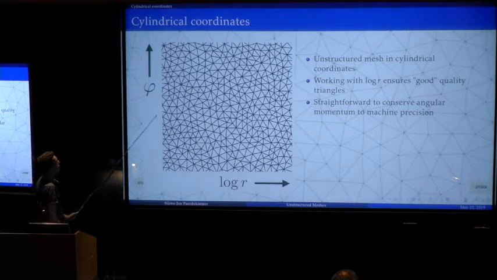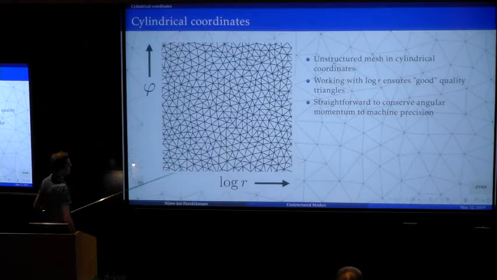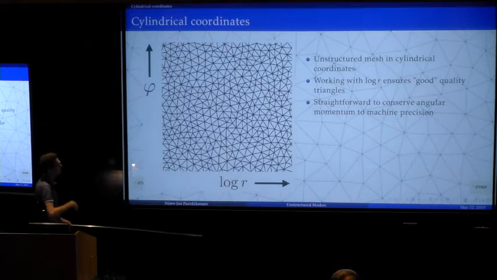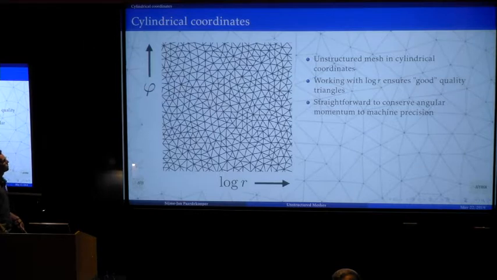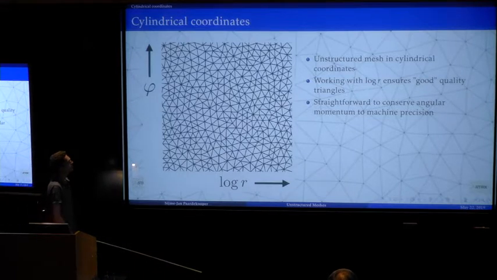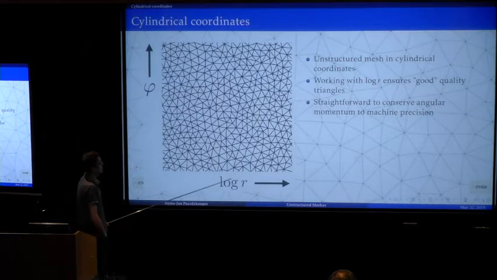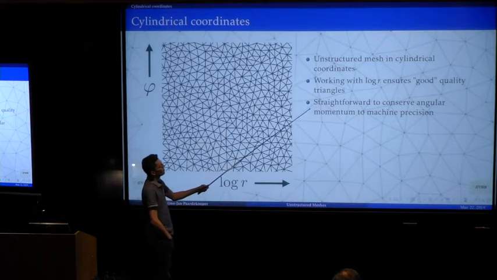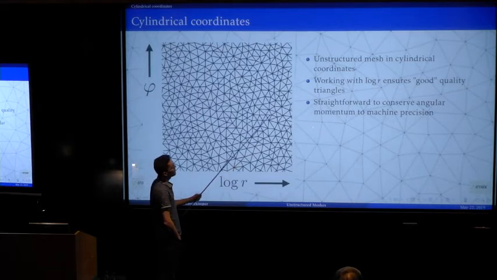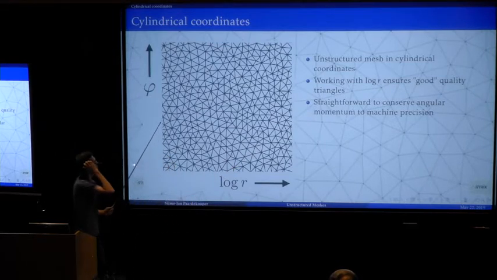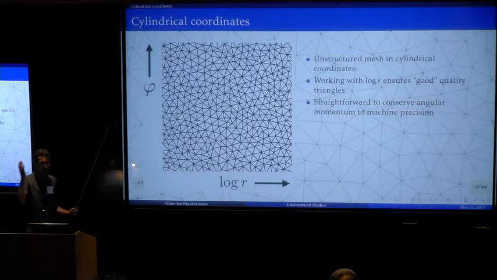Our y direction will be phi, and our x direction will be log r, so logarithmic, so that you get equally sized grid cells for all the radii. This is straightforward, and it's also very straightforward to conserve angular momentum in cylindrical coordinates, which is extremely important in disks, so I don't have to do anything special for that.